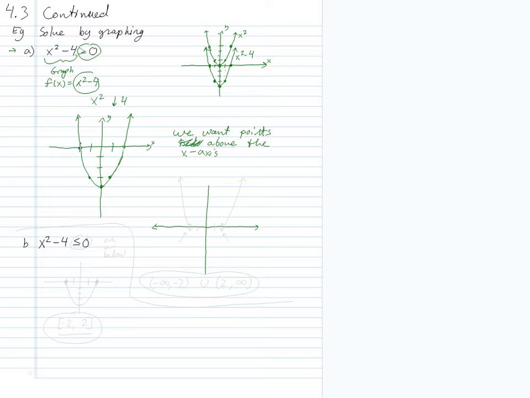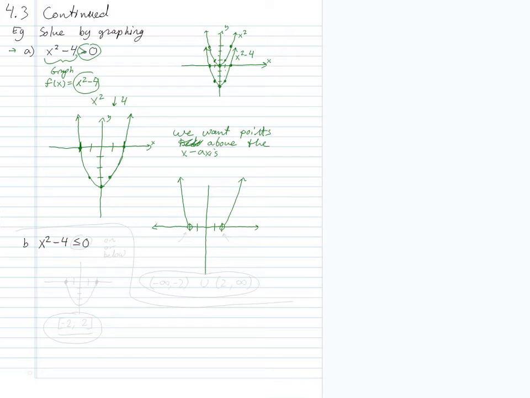Well, in between these x-intercepts at positive and negative 2, our graph is below the axis. We see that. But outside of those x-intercepts, we see our graph is above the axis. So this is the portion of the graph that we actually want. Now you can also achieve this same effect by maybe using a piece of paper or the side of your hand to cover up the part that you don't want, and then just state the domain of the part that you do.